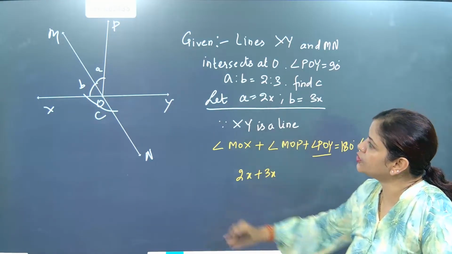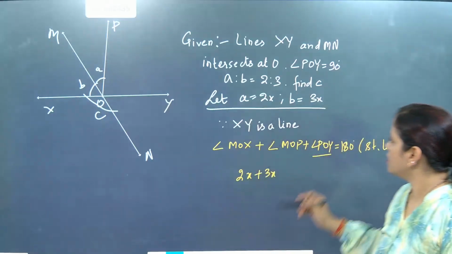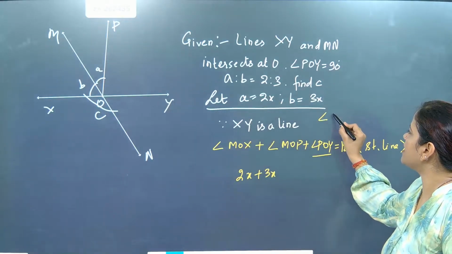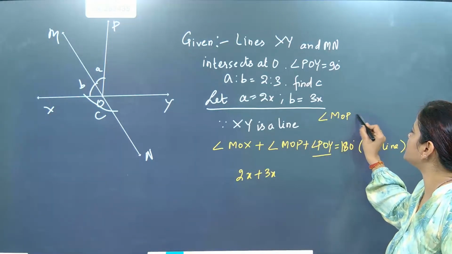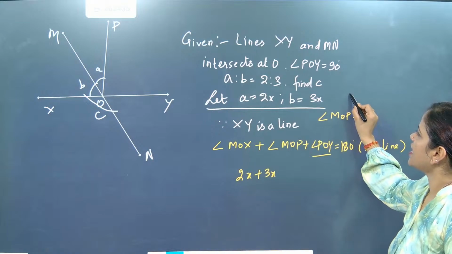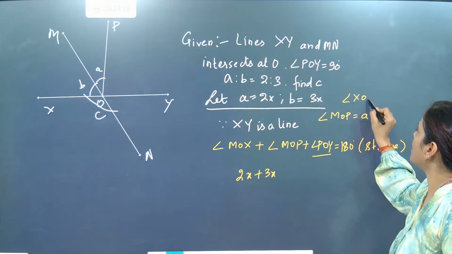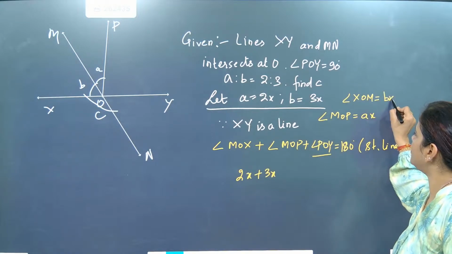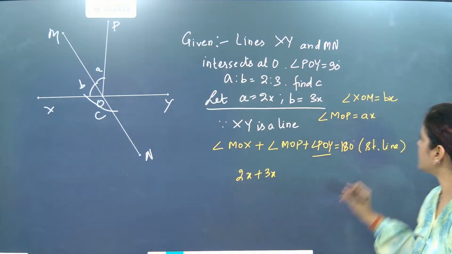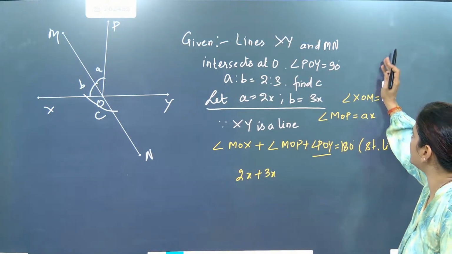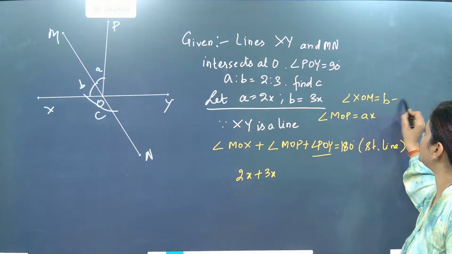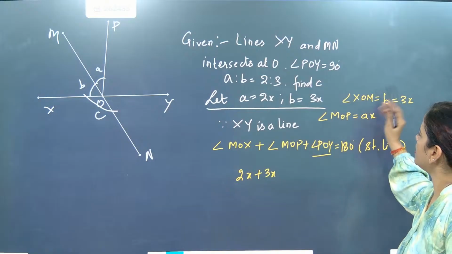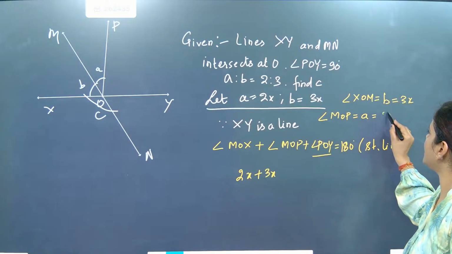A is equal to 2x, A is MOP. For your understanding, MOP is A and XOM is B. So this is B and B is 3x, and this is A and A is 2x.